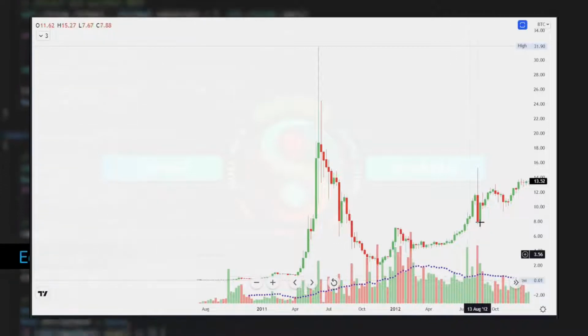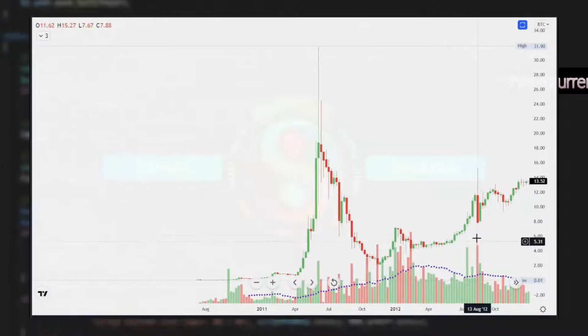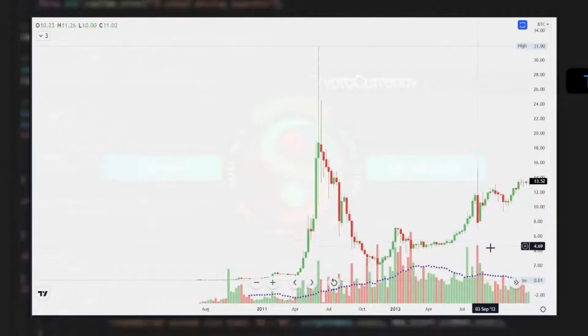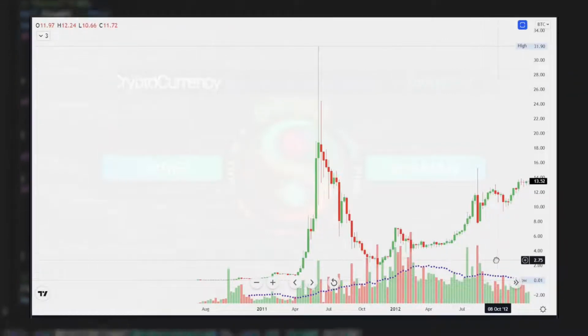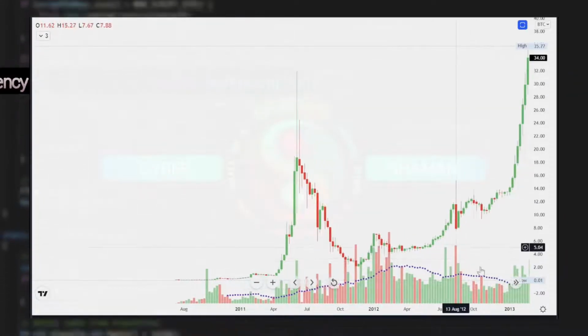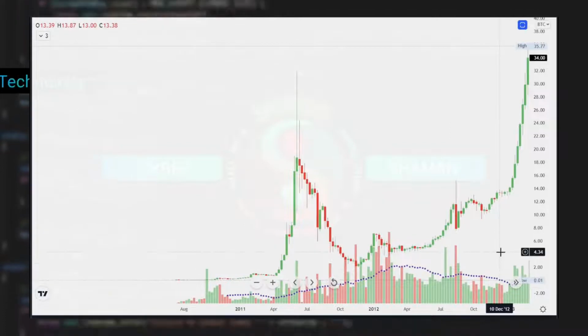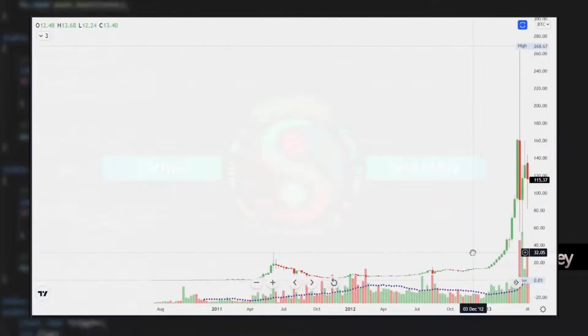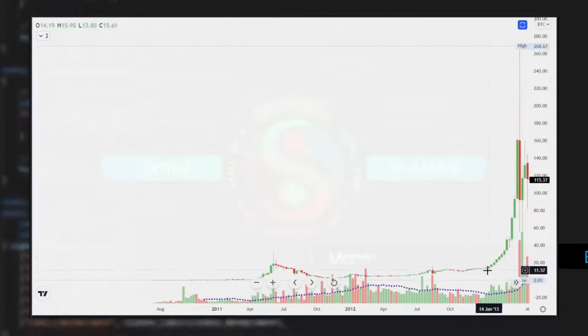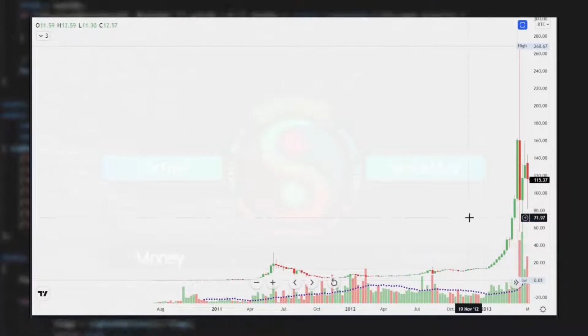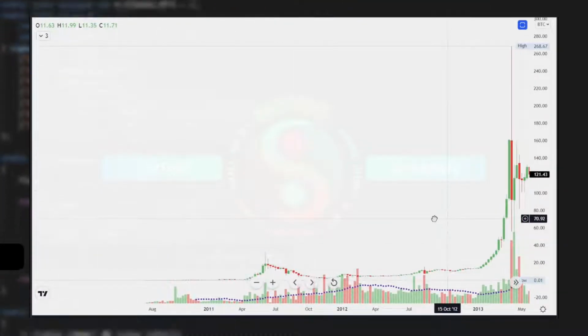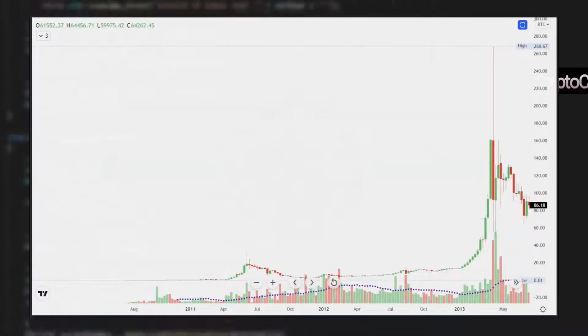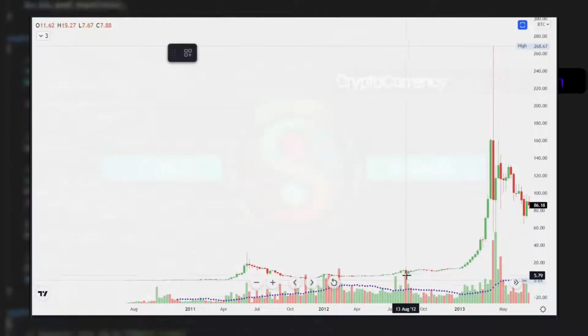So this is the first time we saw the pattern, and after that we have a gradual decrease in volume. Then volume goes up gradually on a parabolic move. Let's mark this move.